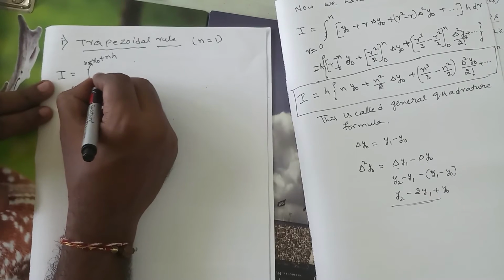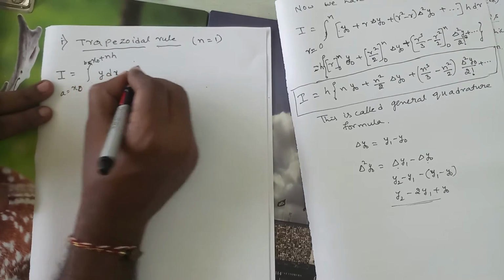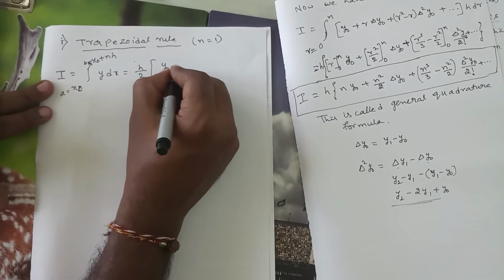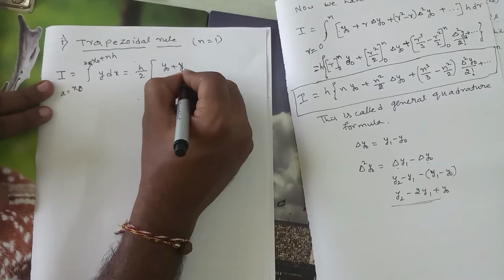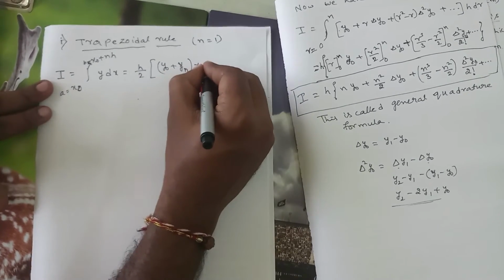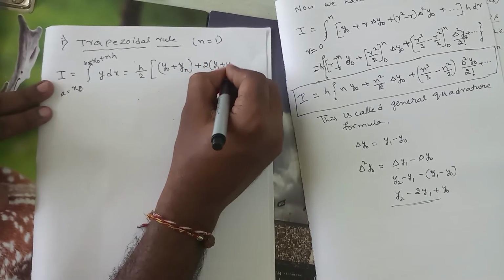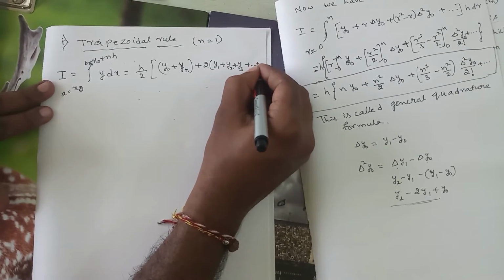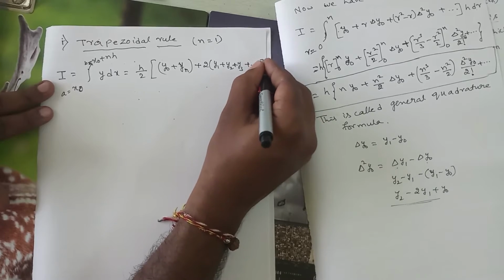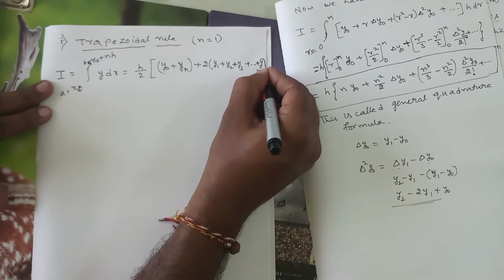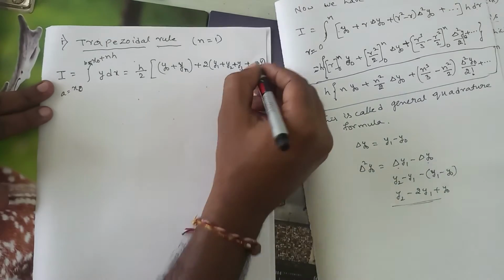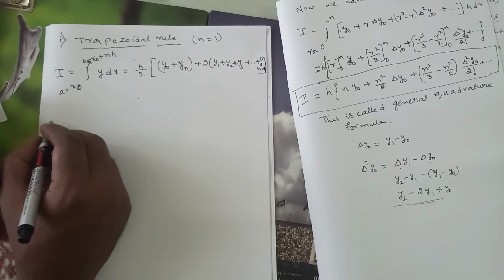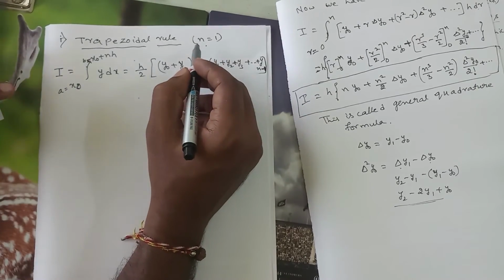So y into dx equals h by 2 times y naught plus yn plus 2 times y1 plus y2 plus y3 plus so on plus y suffix n minus 1. This is when you put n equals 1.